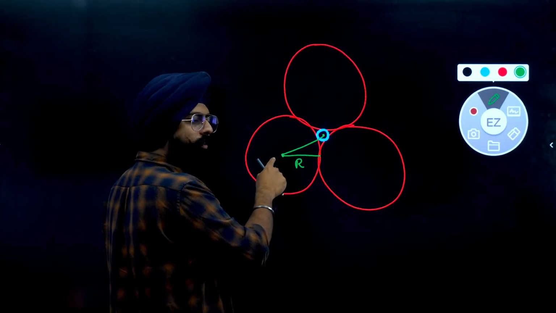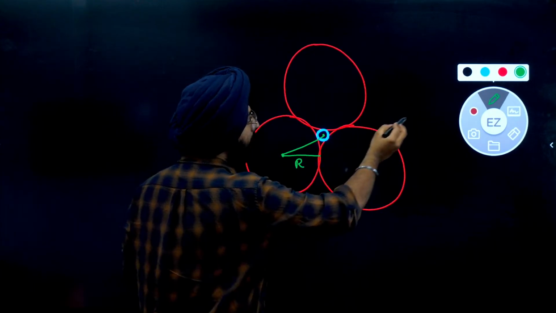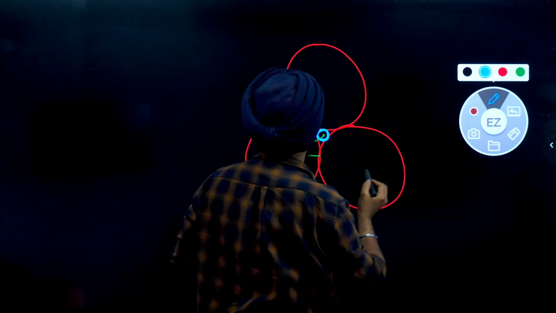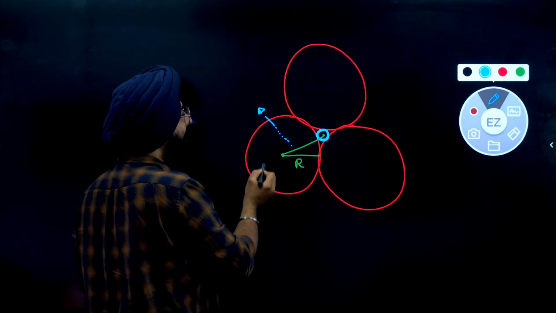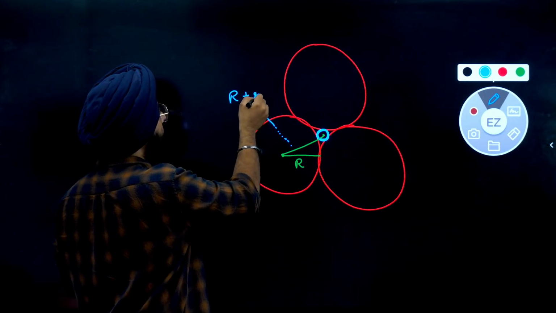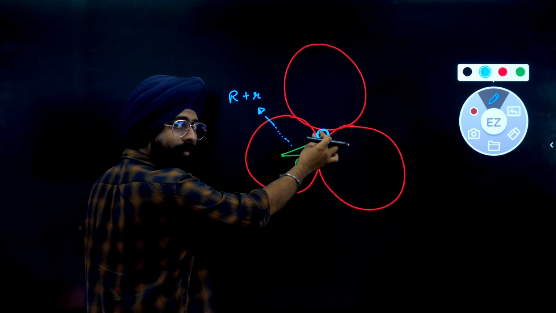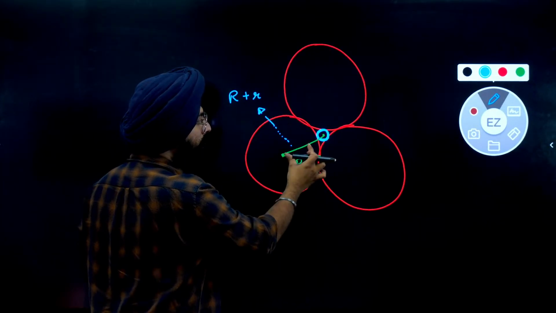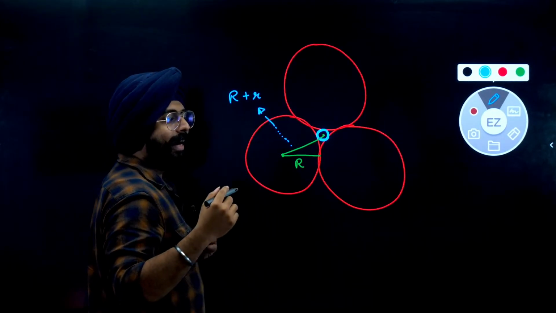From the midpoint of the big sphere to the midpoint of the small sphere, how much is this line equal to? If you have eyes, I'm sure you can see that this is equal to big R plus small r. This is the big R, this is the small r. Yes, big R, small r, big R, small r. So this is big R plus small r.